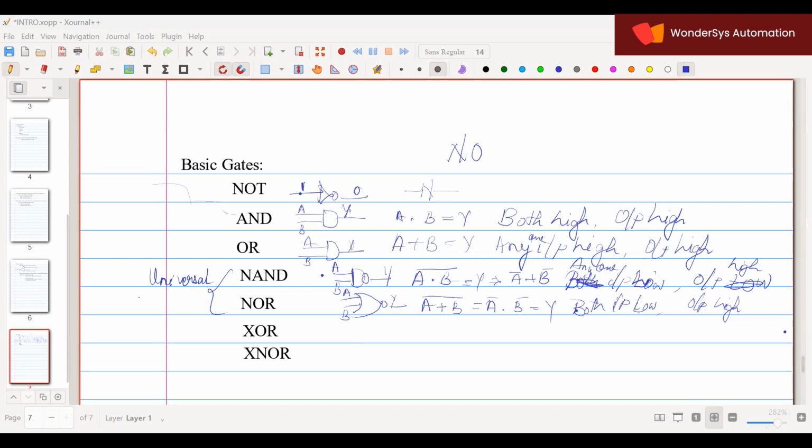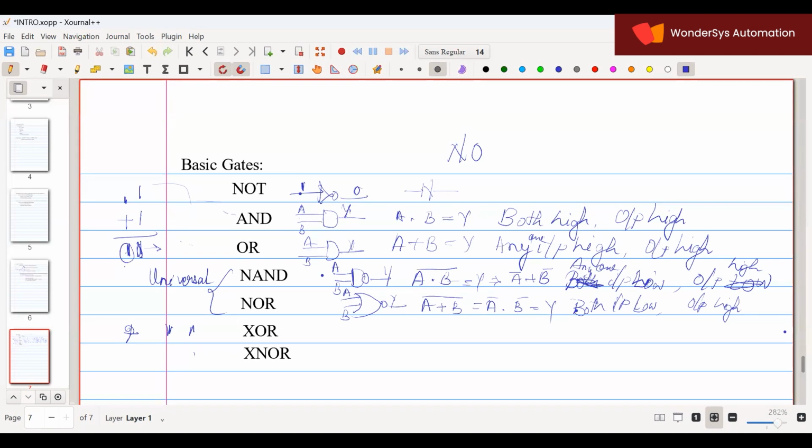Whenever we add ones, 1 plus 1 is not 1, it is actually 0 and 1. The XOR gate gives 0 and the 1 is carried forward. This is the carry and this is the sum.